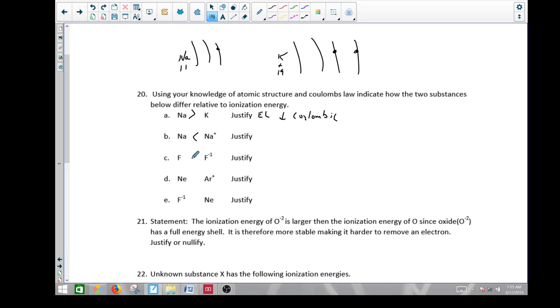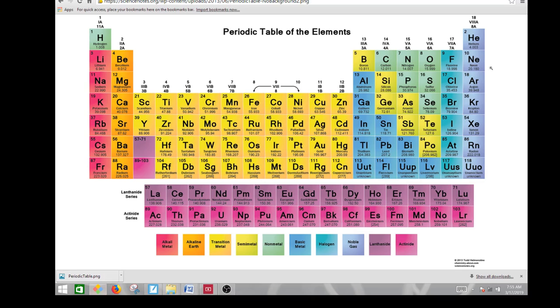C. Okay, this is one that is commonly mistaken. But I want to think of it in terms of just Coulomb's law. We've got fluorine. Fluorine has 9 protons and 2 energy levels. Fluoride's got 10 electrons, same number of energy levels.